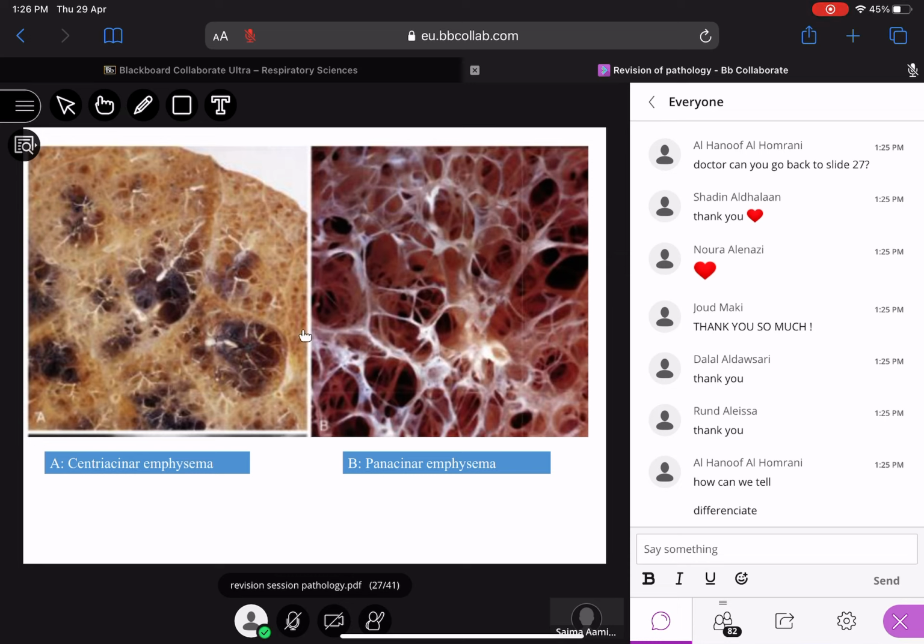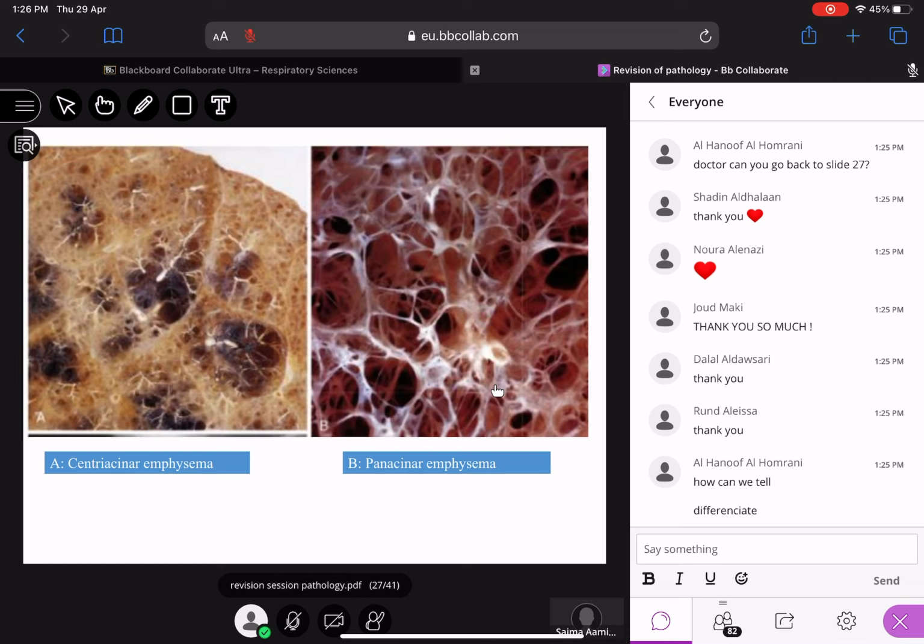So when you are appreciating some lung parenchyma in between that is normal, you will go for centriacinar. Here, you don't see any normal parenchyma, rather all of the air spaces seem to be distended and enlarged. So you will go for panacinar. But for you, even if you write emphysema in the exam, it would be considered correct, unless you are asked to specify which type of emphysema.